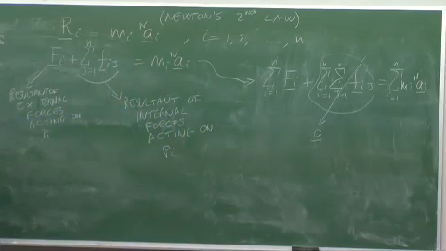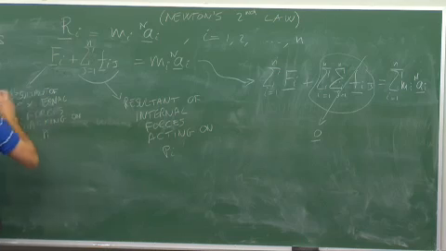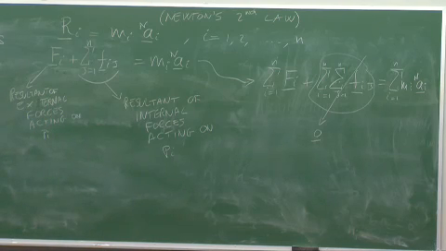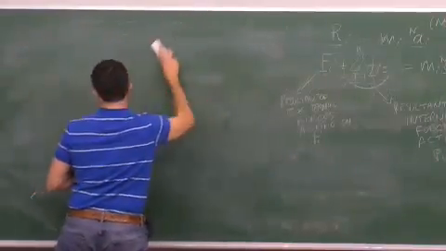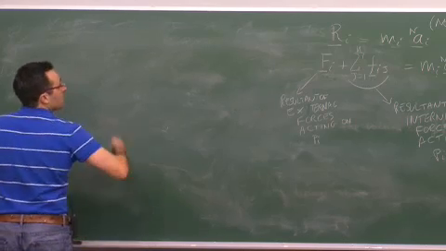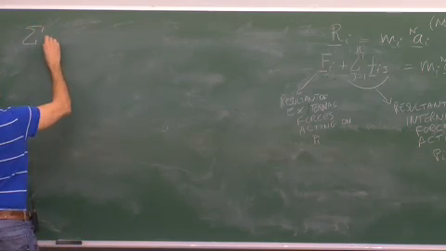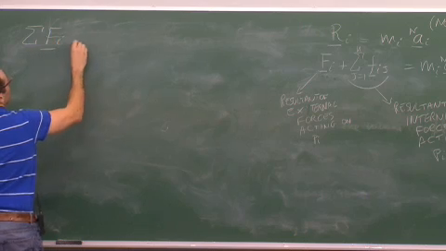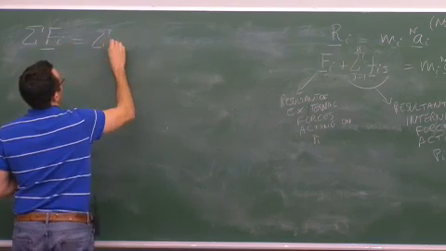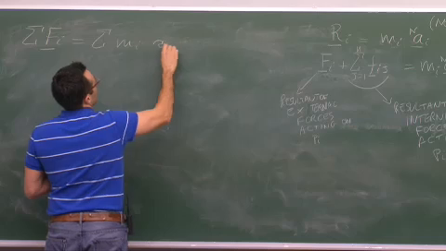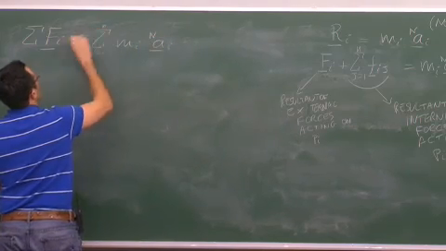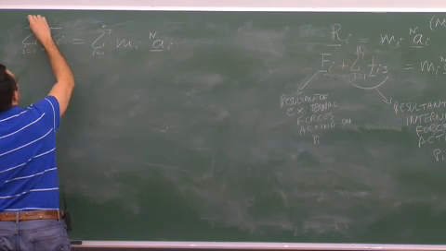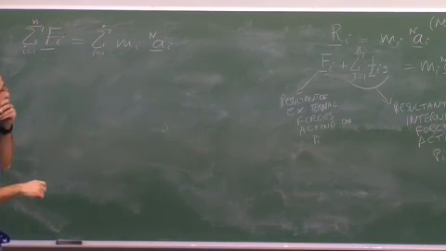So I get the summation of Fi is equal to summation of mi ai, from 1 to n. It should be obvious that I'm summing over the masses.